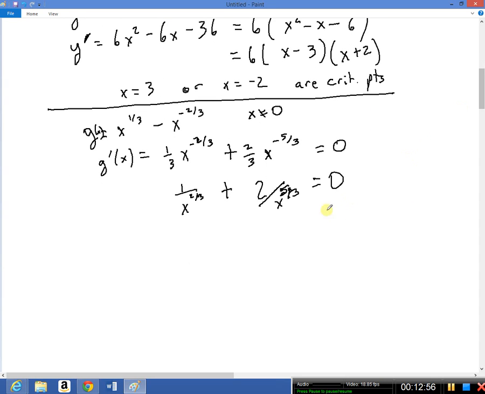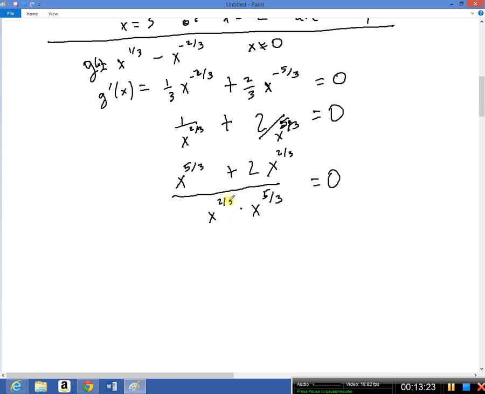Cross multiply this thing out. So we're going to have x to the 5/3 plus 2x to the 2/3 on the top. And then on the bottom, no common denominator, it's the product of the two, x to the 2/3 times x to the 5/3. So this has to be equal to 0.